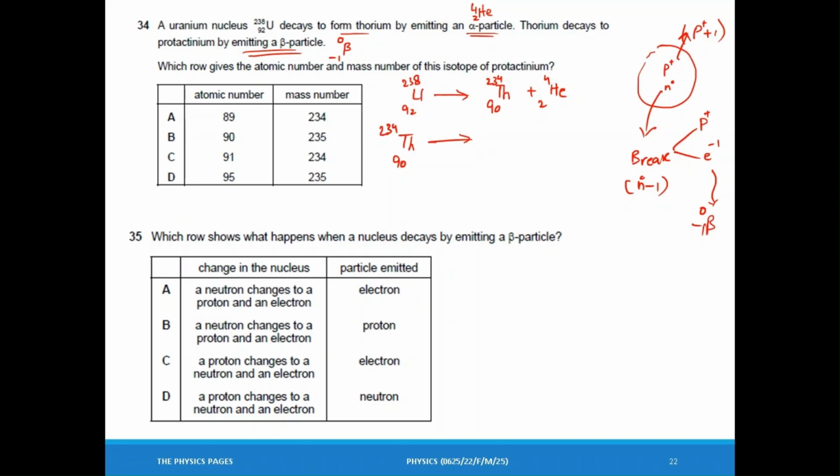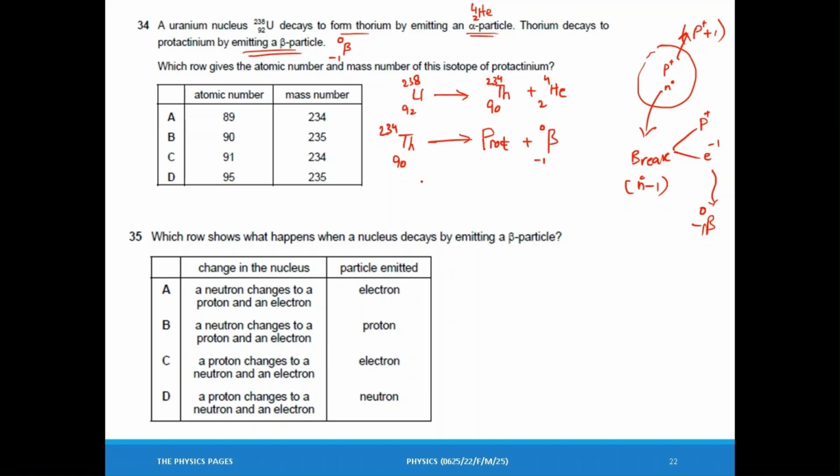So the total number of nucleons does not change, because the nucleon number is the number of protons plus neutrons. Neutrons decreased by 1 but protons increased by 1, so the sum remains the same. When this happens, thorium is going to convert into protactinium, after beta emission.